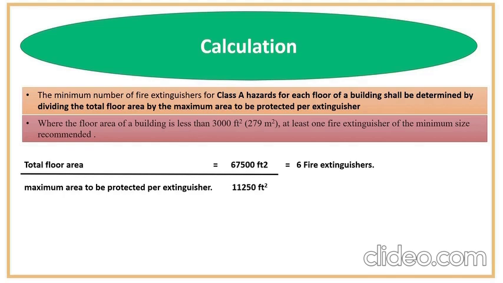Where the floor area of the building is less than 3000 square feet, at least one extinguisher of the minimum size is recommended. When you're calculating, if the floor area is less than 3000 square feet, you have to consider the minimum size of the extinguisher to cover the area, like a 2A rated extinguisher.